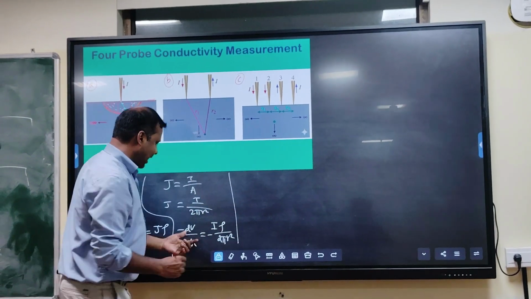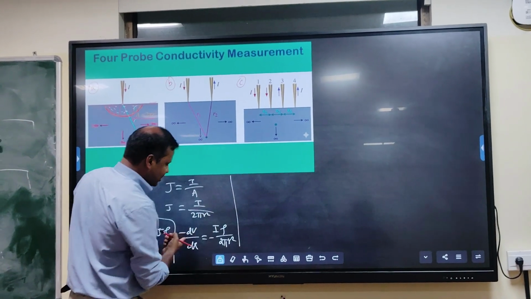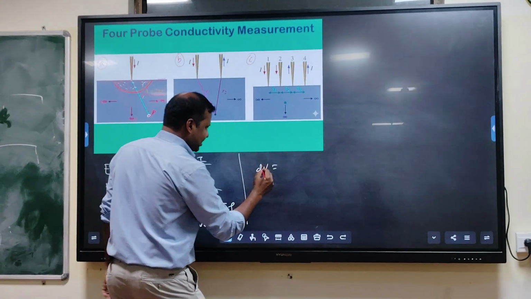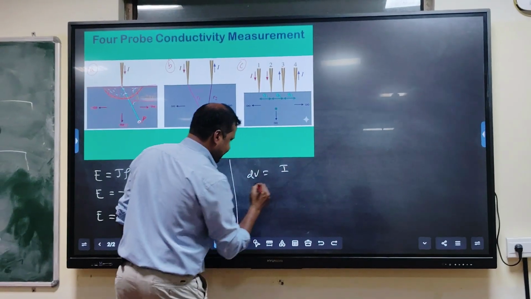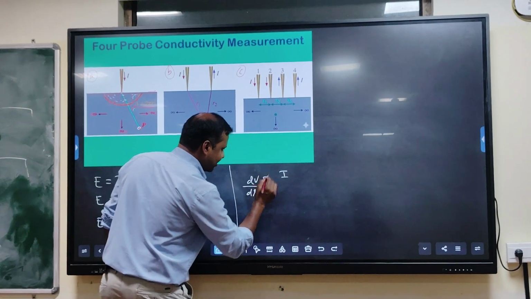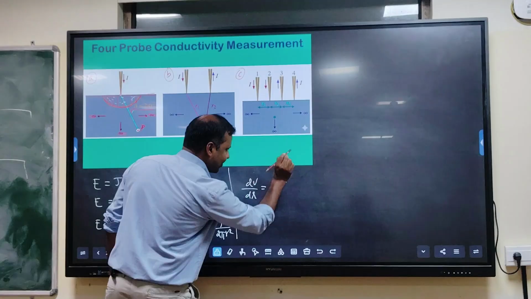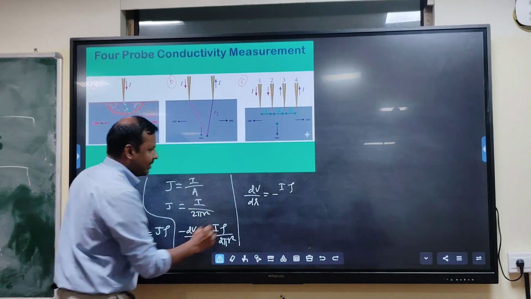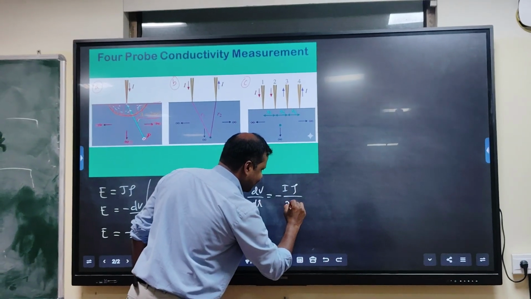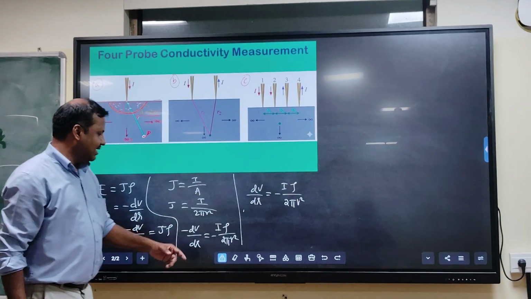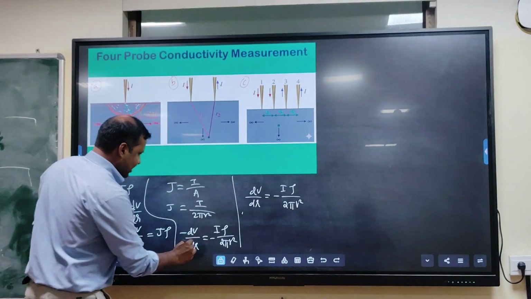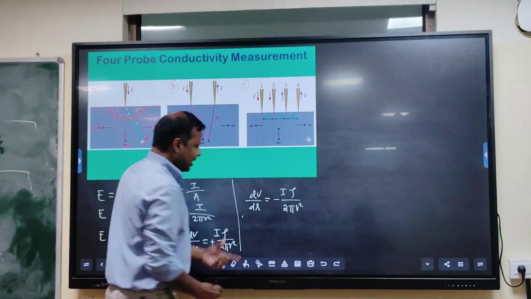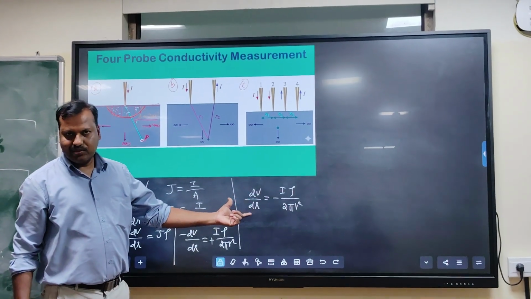So we rearrange the equation: dV is equal to minus I times rho divided by 2 pi r square, times dr. Now we will integrate this to get the voltage.